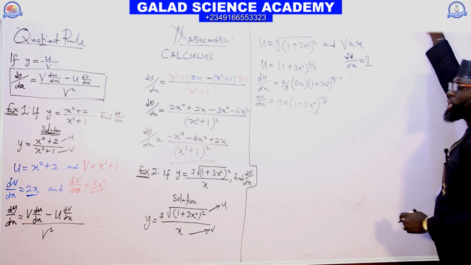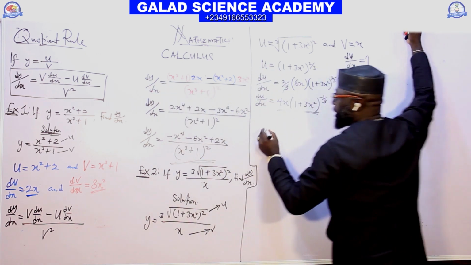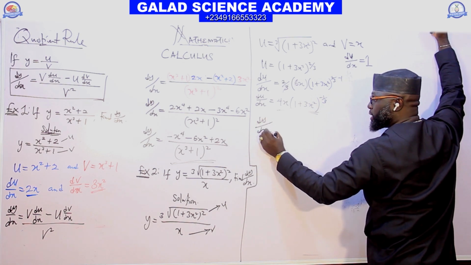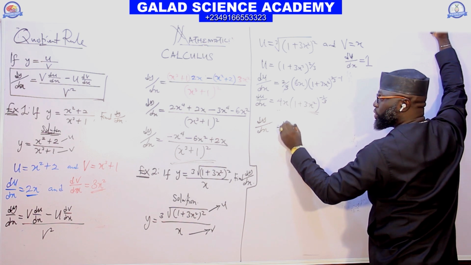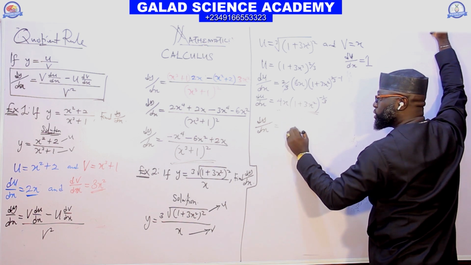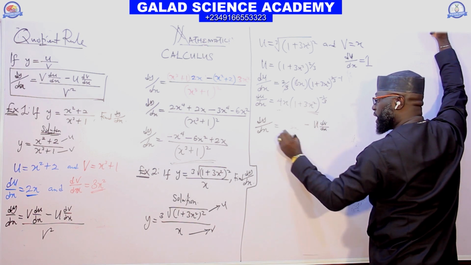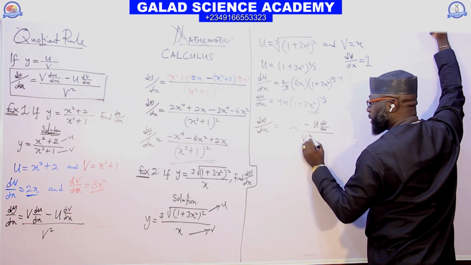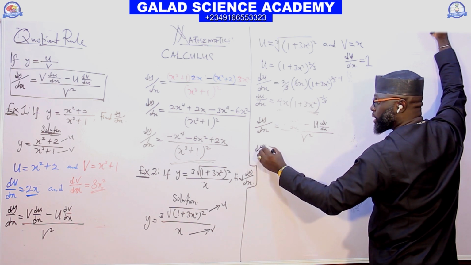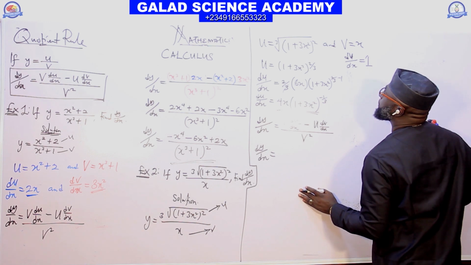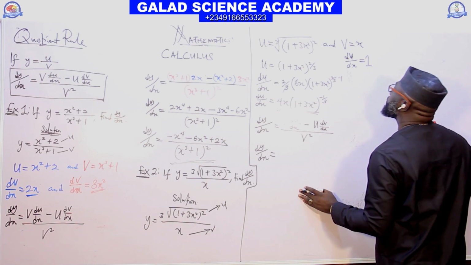Let us use our quotient formula here. It says that dy/dx is equal to v du/dx minus u dv/dx, over v squared. What does v stand for?